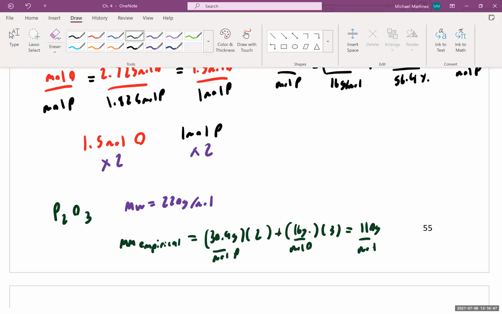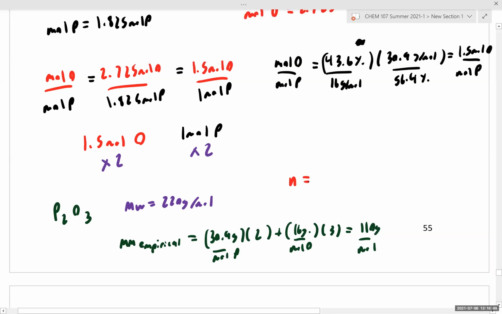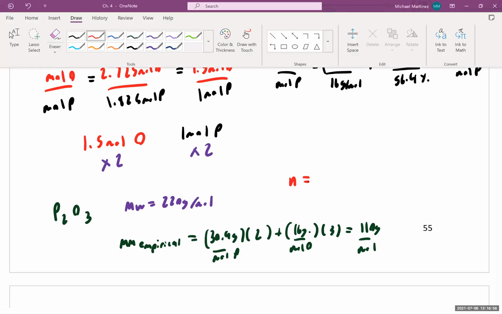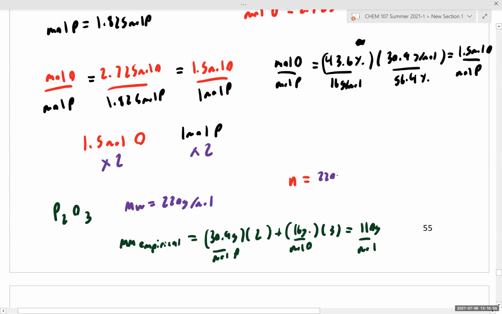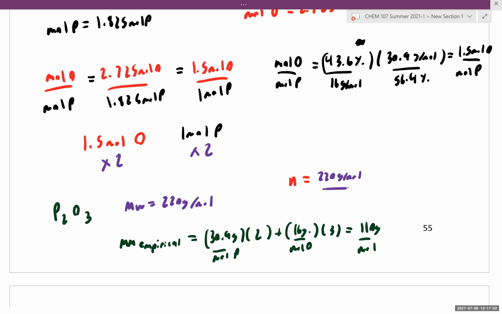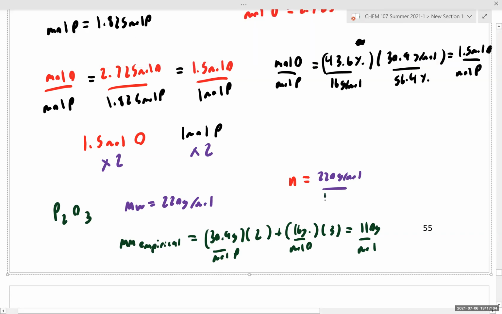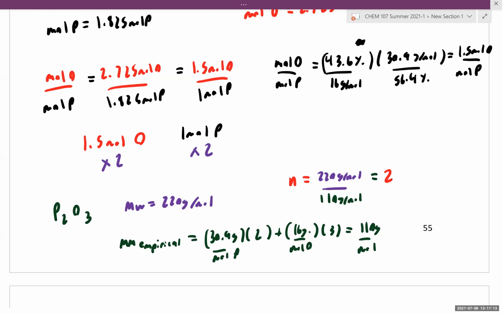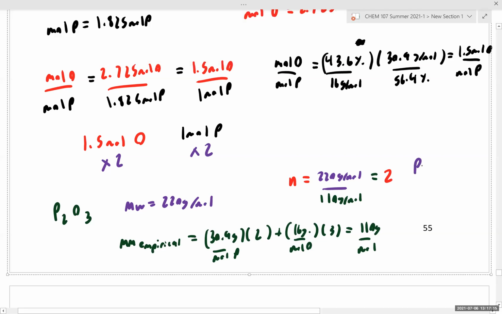So with this information in mind, what would n be? 2, exactly right. So we take 220 grams per mole divided by 110 grams per mole. That gives us an n value of 2, which would give us a formula of P4O6.